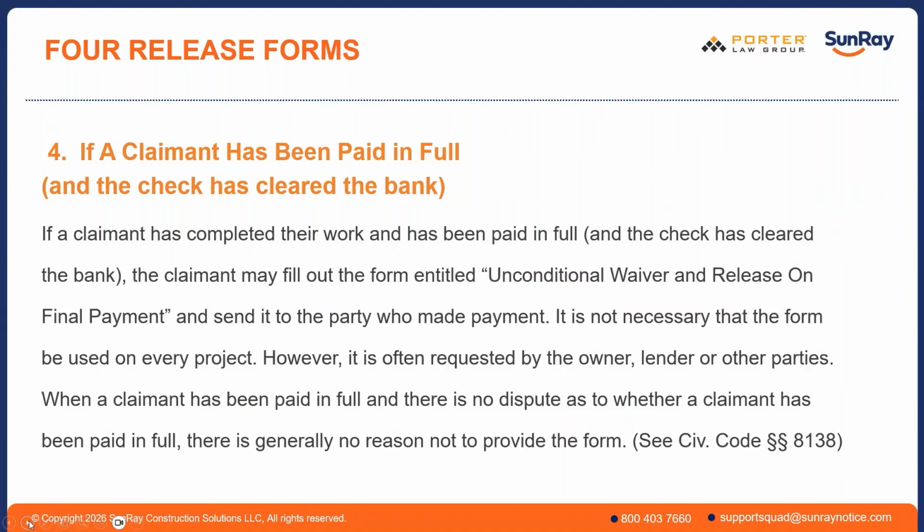But even though it relates to mechanics lien, stop notices, and payment bond claims, it doesn't relate to your contract rights. So all of the forms we're talking about today, while they're evidence of you giving up your rights, it doesn't prevent you from suing for breach of contract. And at that time, you would say, yeah, I trusted them and I gave an unconditional release because, well, they tricked me into giving an unconditional release, basically, and I shouldn't have signed it. And I realized that now I lost my lien rights, okay?